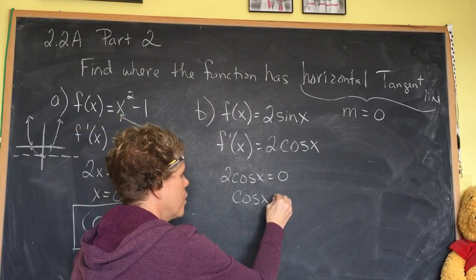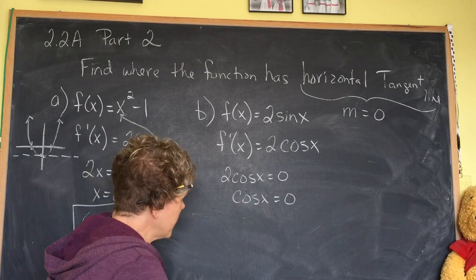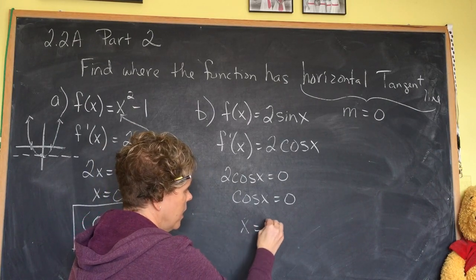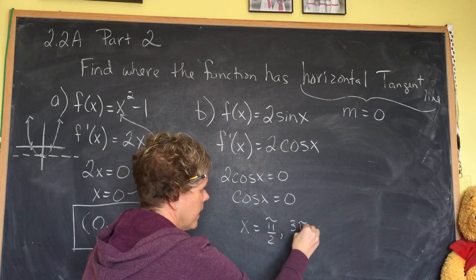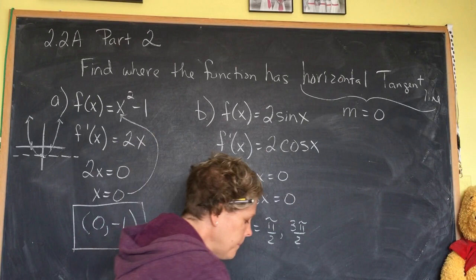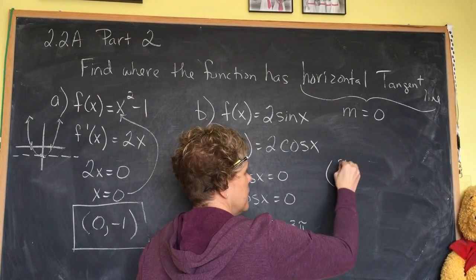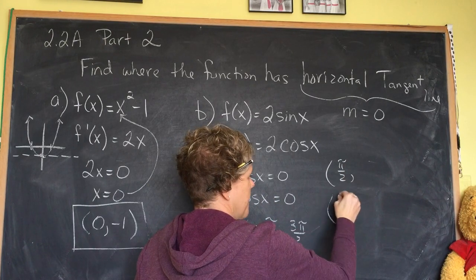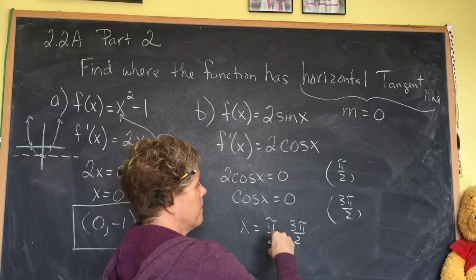So where does cosine equal 0? So think back to those timed quizzes. Cosine is going to equal 0 up at pi halves and down at 3 pi halves. So that means there's a horizontal tangent line at 2 spots, at pi halves and 3 pi halves. So we got to find both of them.